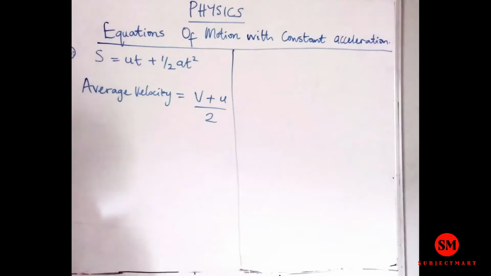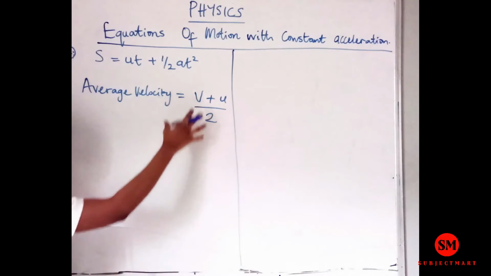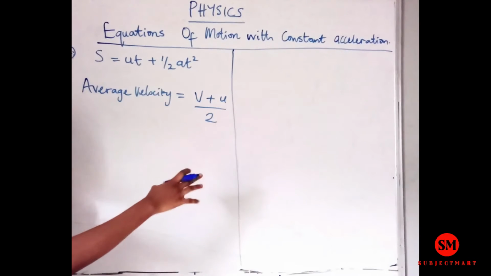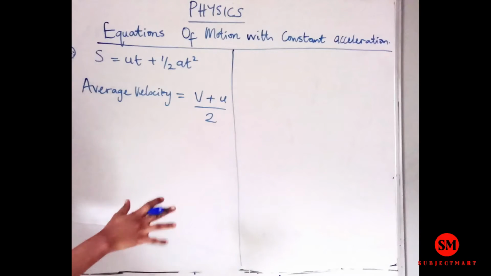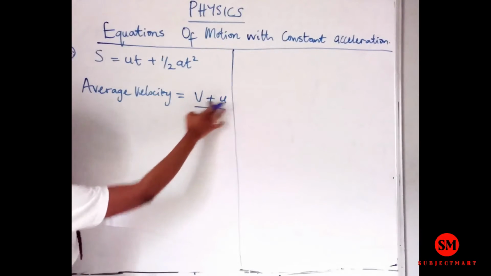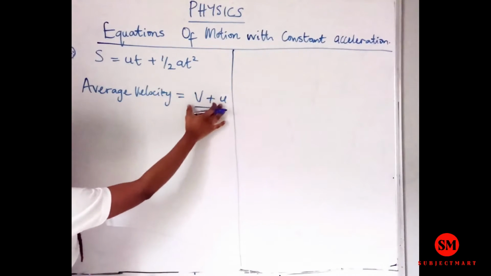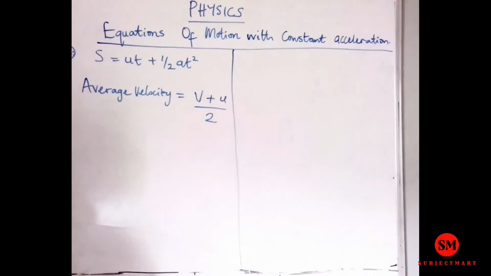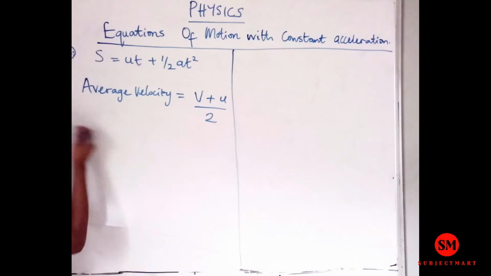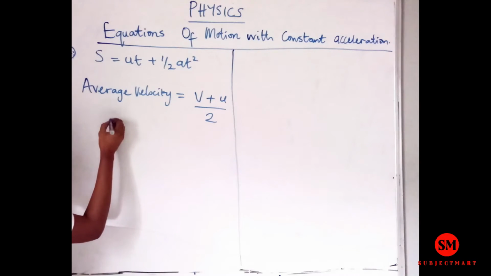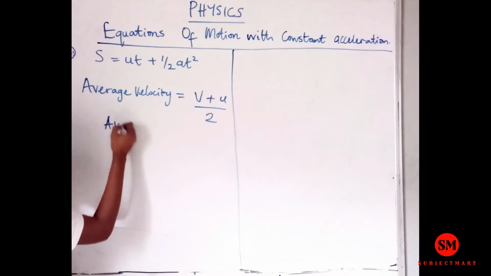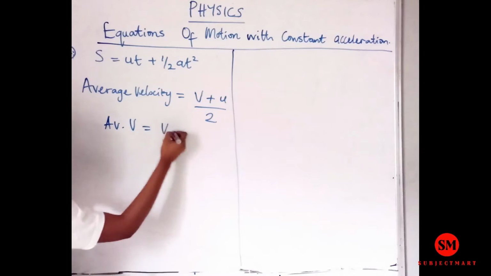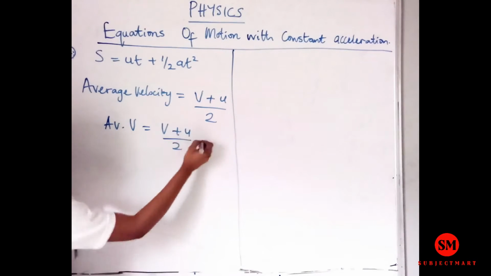When you are asked to find the average of something, you add those things together and you divide it by the total number. So the same thing is applicable here. You add the two velocities, which are the final and the initial velocity together, and divide it by 2. This will give us our average velocity. So, average velocity equals v plus u over 2.